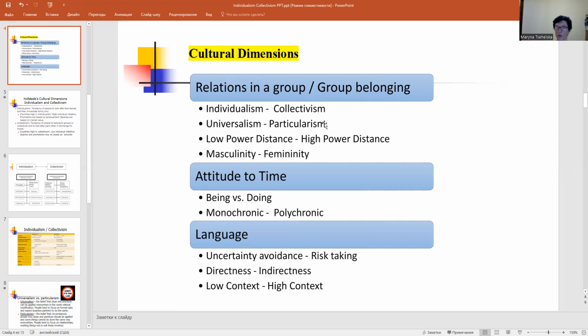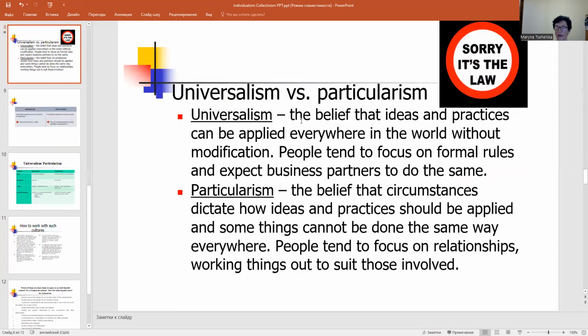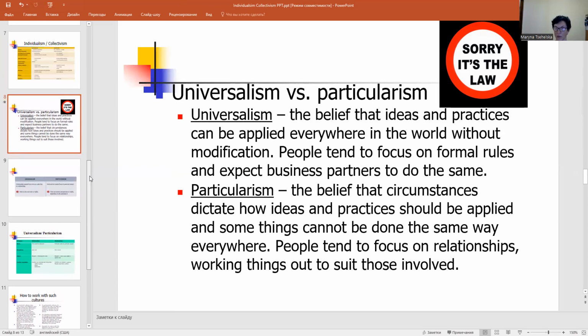And now we'll also talk about universalism and particularism. Universalism, as you can already see, is how you view the relations between the people. There are rules, and the rules can be accepted by anyone.